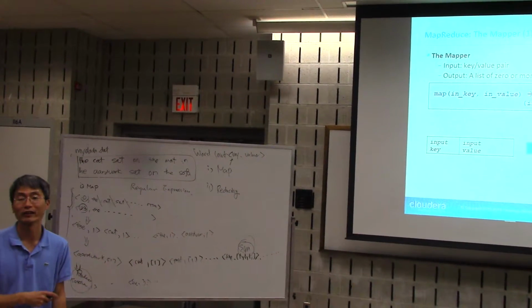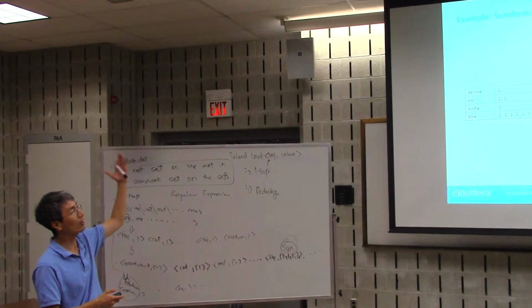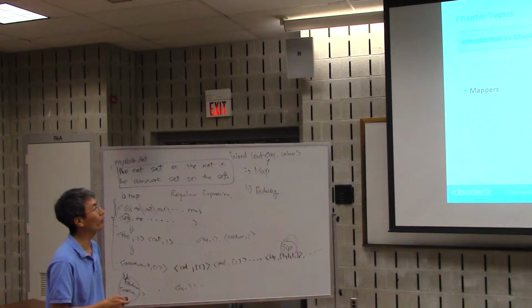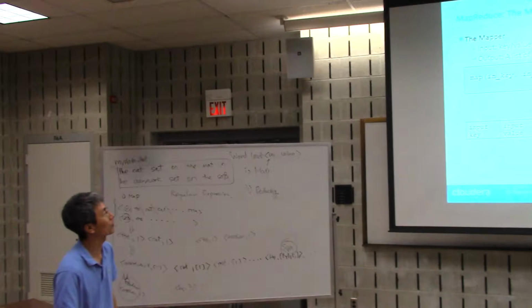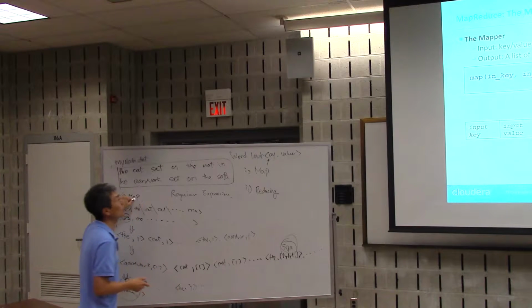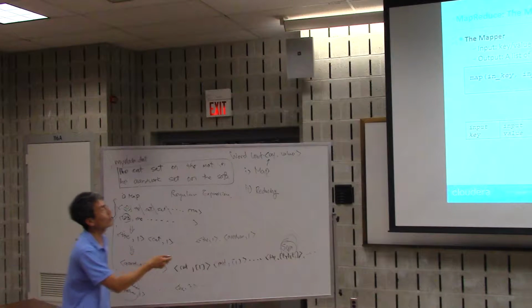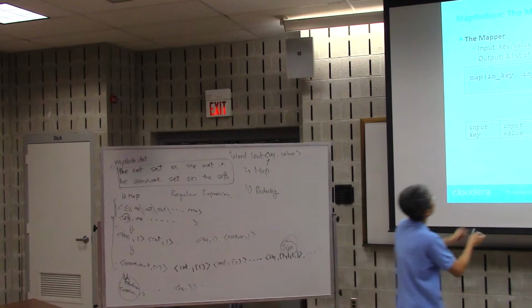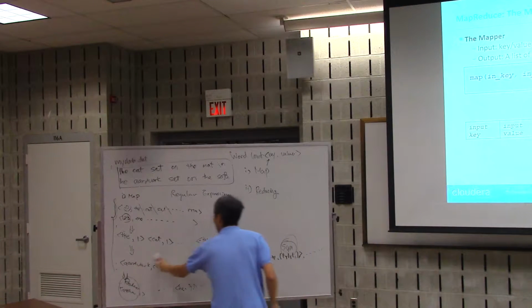Okay, a little bit more detail. It's not code yet; I will show you the code later. This is just a high-level overview of MapReduce programming, kind of a pseudocode of the MapReduce program. For the mapper, the input is a key and value pair, and the output is an intermediate key and intermediate value.